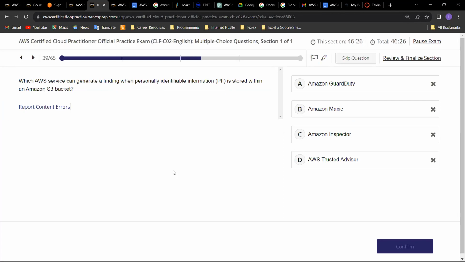So I'm seeing B. So a service can generate a finding when personally identifiable information is stored within an S3 bucket. Okay, so let me see. I'm seeing B. All right. And Bridget, exam center, no sorry. You choose and then you will go.